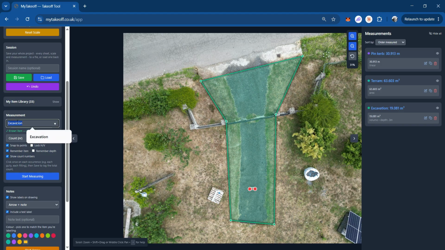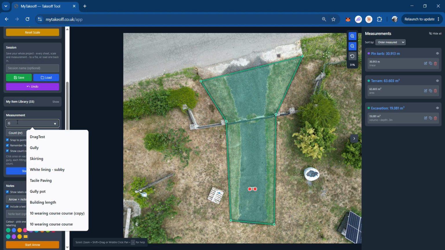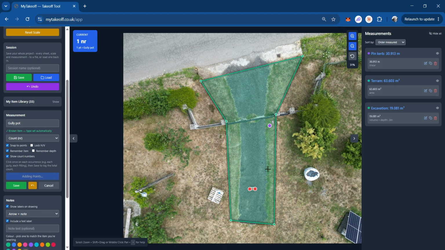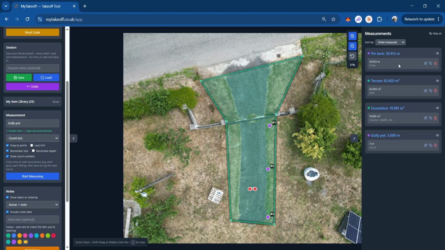So if we change this to gully, we can start measuring, and then we can click on here. So there's 1, 2, 3 gully pots. Press save, and then in the measurement pane you can see gully pot has appeared as 3 numbers.